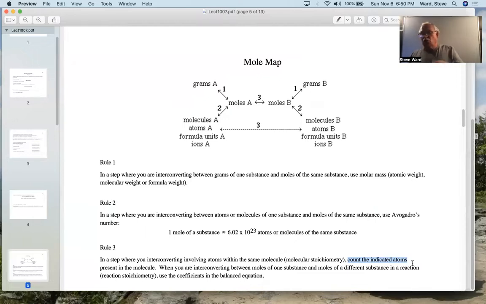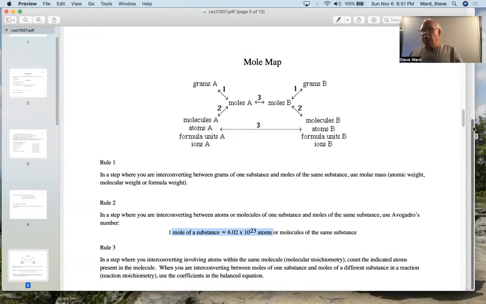But for now, we're just going to learn how to do what? Count the atoms. When we're going from moles to molecules, or moles to atoms, or moles to formula units, we're going to use rule 2. We're going to use Avogadro's number. So we're going to use three different places to get our numbers. We're either going to calculate the molar mass, we're going to count, or we're going to use Avogadro's number.